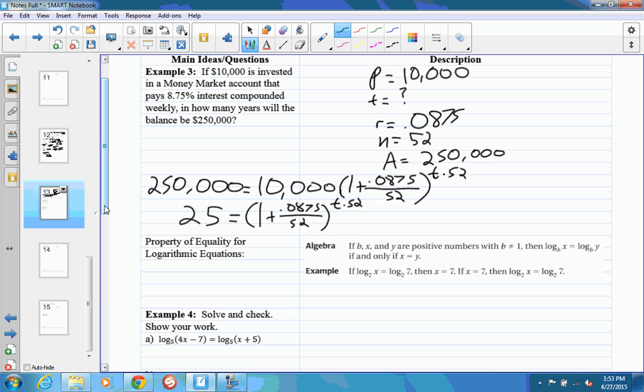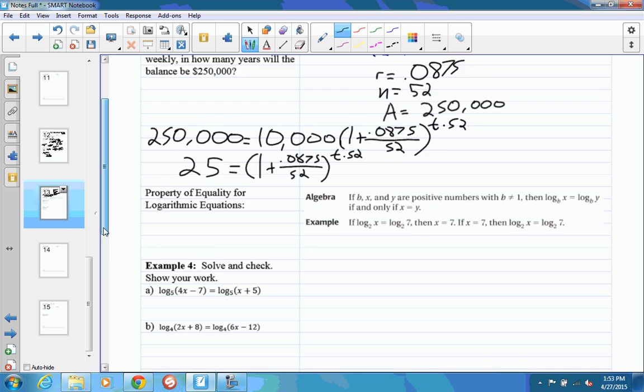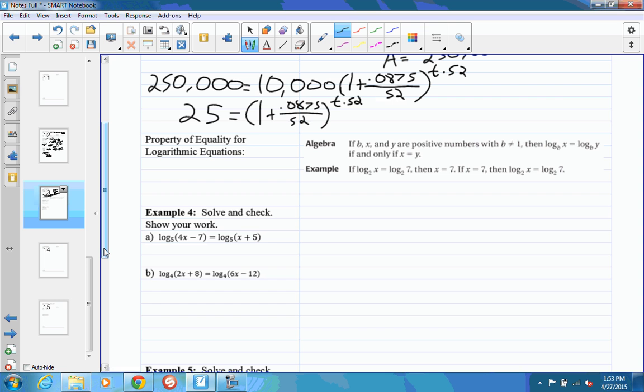All right, well, if I can, I want to simplify this down to one big number, right? So what is 1 plus 0.0875 over 52? If we plug that in, what do you get? Wait, if we multiply it all by 52, would that be wrong at this point? Yeah, because 52 is an exponent.